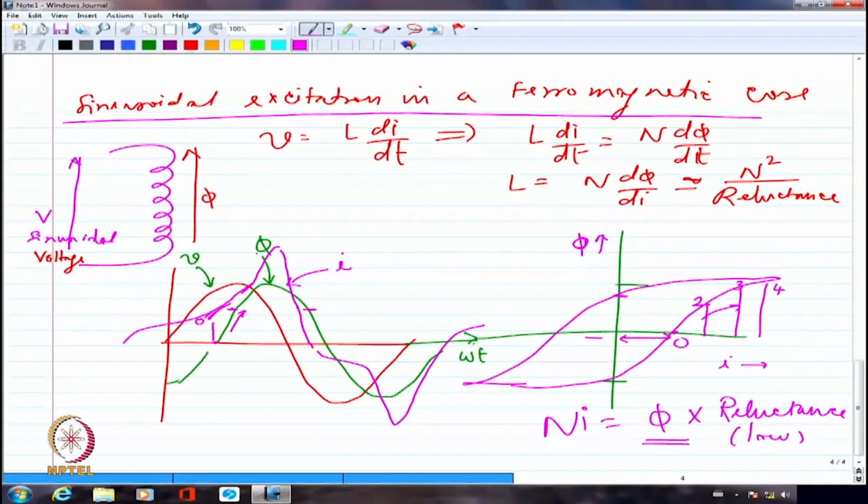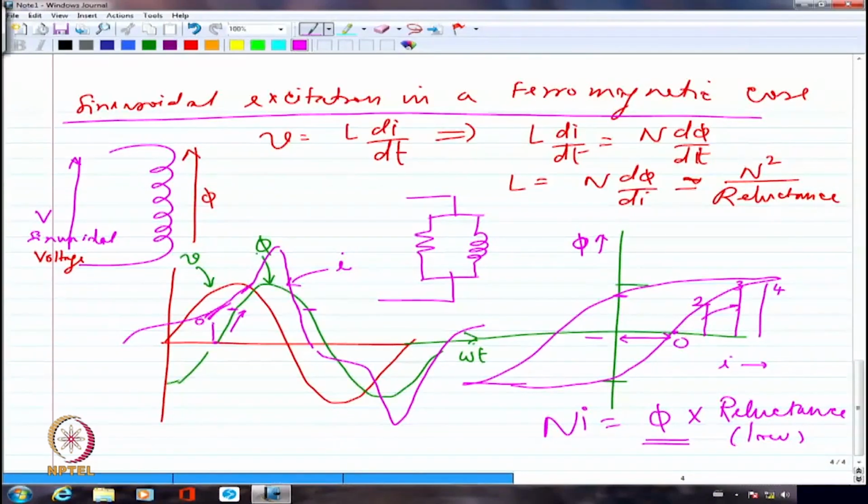So obviously I have to represent the ferromagnetic core by an inductance. The second thing I would represent is a resistance. So we are going to represent the ferromagnetic core by a resistance and inductance in parallel with each other. The inductance represents the fact that the current is lagging behind.